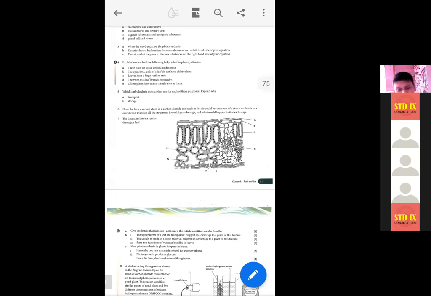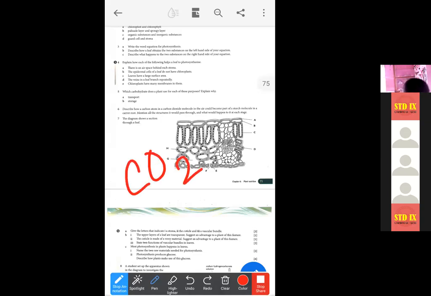You will have to write the journey of the carbon atom from the air when it was present as a carbon dioxide molecule. In carbon dioxide, a carbon atom is present, right? Carbon dioxide means CO2. Now this CO2 from the air, through the stomata, will enter the mesophyll layers. Inside the mesophyll layer there is chloroplast.